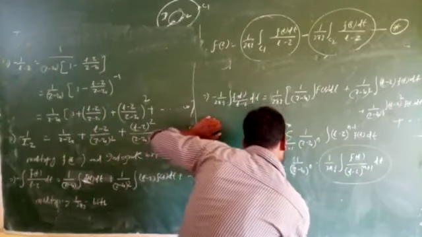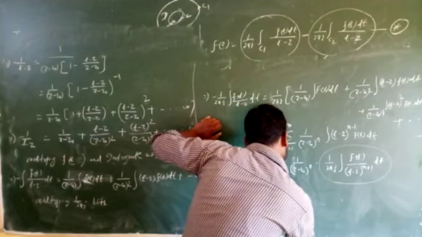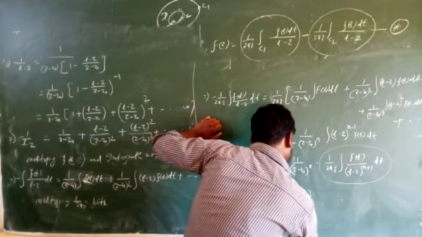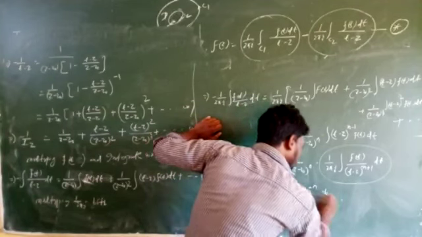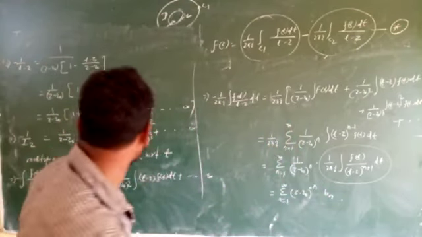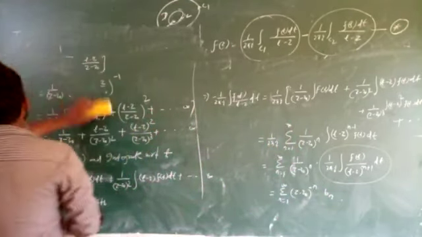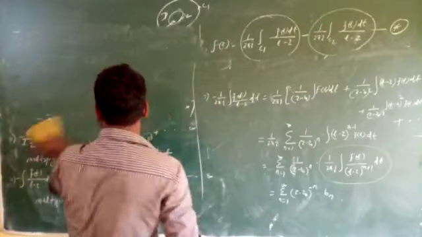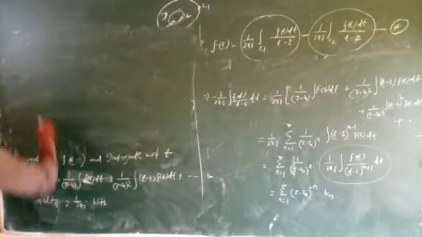That implies the summation from n = 1 to infinity of (z − z0)^(−n) times Bn. What is Bn?